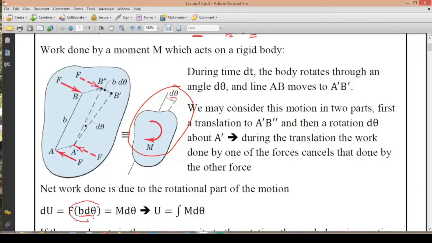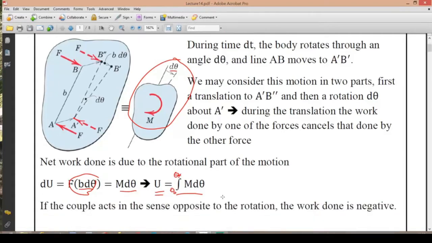This is due to the rotation, not the translational motion, but due to the rotation there's a translational displacement, and this is defined as b d theta, or in short, M d theta. The finitely small angular displacement times the moment gives us the work done by this moment, and if we integrate it from theta 0 to some theta final, then we will find the total work done by this moment during this motion.